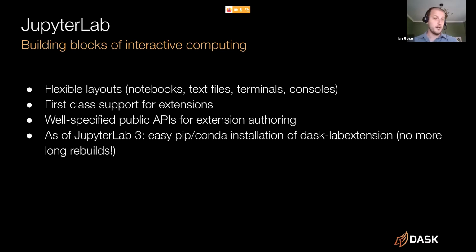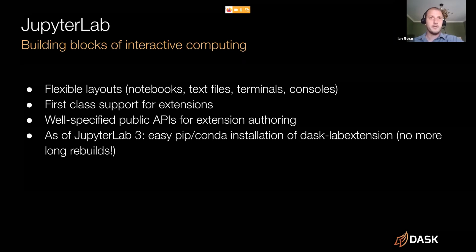One recent development I did want to flag is that as of JupyterLab 3, previously installing a new extension in JupyterLab was a laborious process. You needed to have Node installed on your system. It could take 60 to 90 seconds. It was kind of painful.